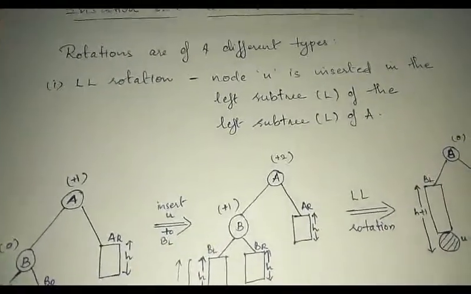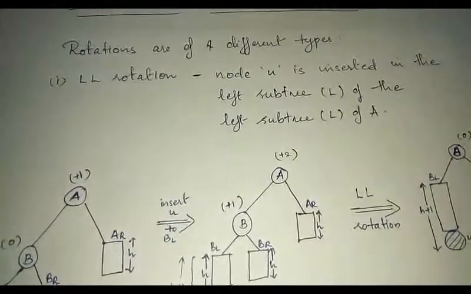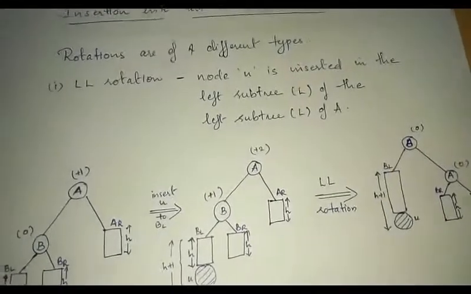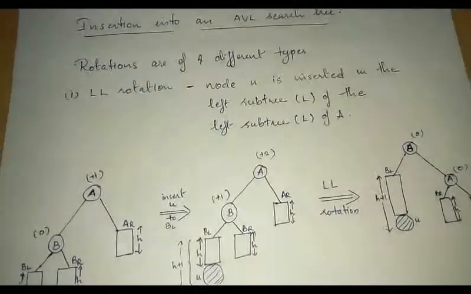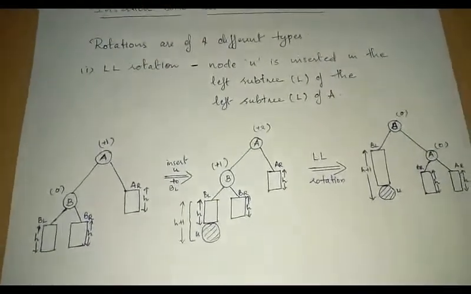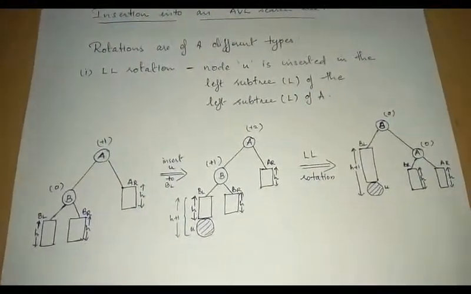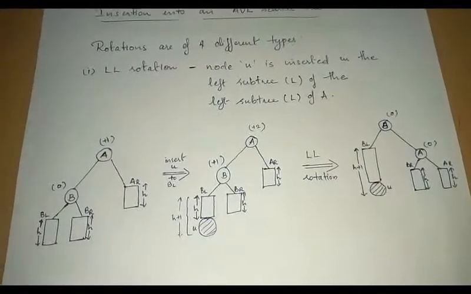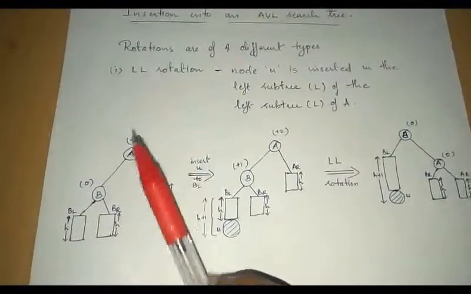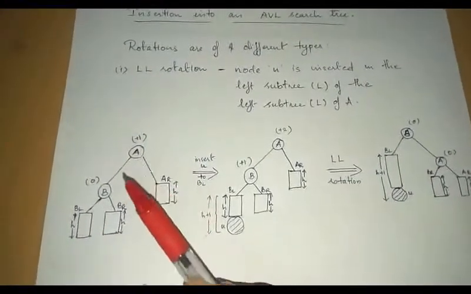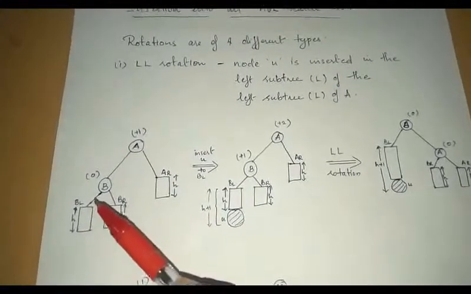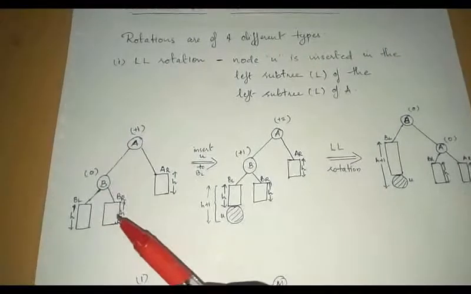LL rotation is performed when a node U is inserted in the left subtree of the left subtree of A. Now consider the example. Here you can see a tree where the root node is A. It has a left subtree where you have a node B, and it has a left subtree BL and a right subtree BR.